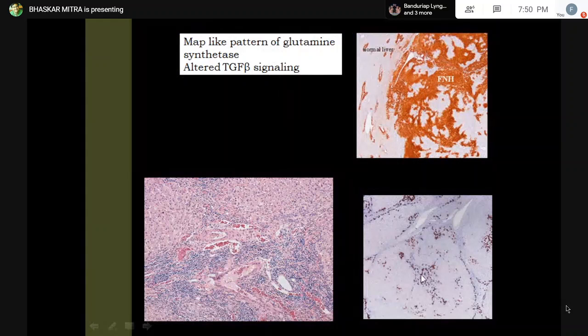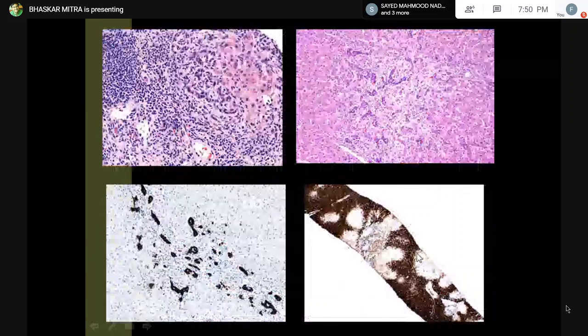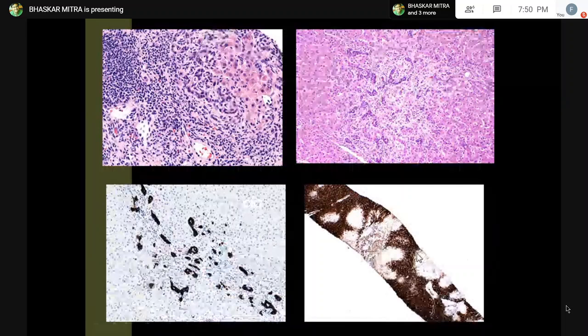This shows the CK7 expression on the different small bile ductules around these liver nodules. Again, glutamine synthetase is very helpful in cases of true cut biopsy, where sometimes the focal nodular hyperplasia may be missed, and this can be demonstrated best by the glutamine synthetase stain.